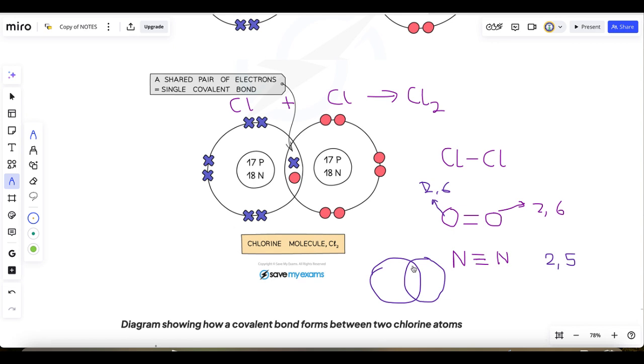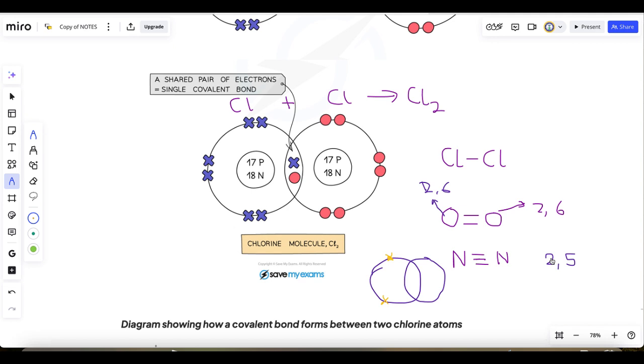I'm doing this one, it has 5, right? So I can put the first 2 here. Because it has 5, it's going to give 3 here. That's why it's a triple bond. It's going to give 3 in this overlap, this circle.